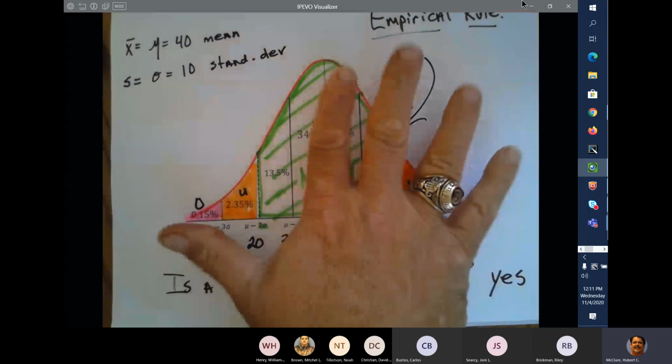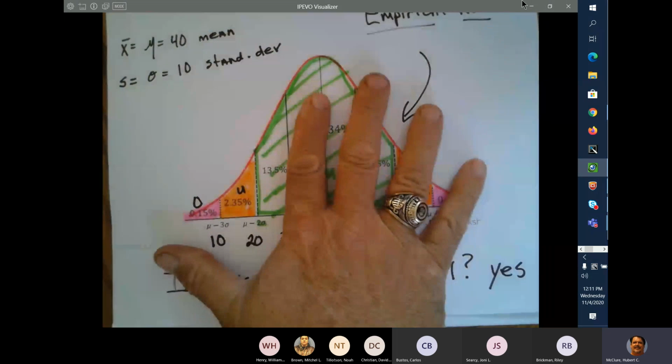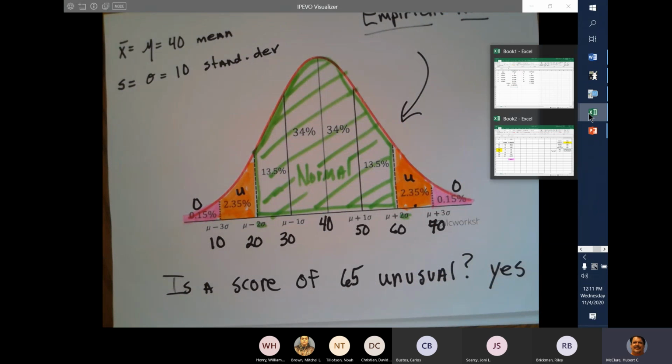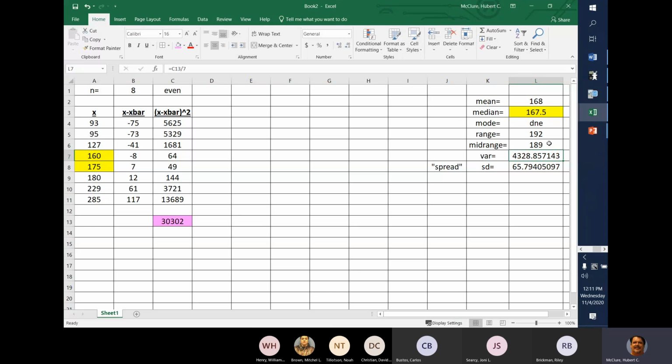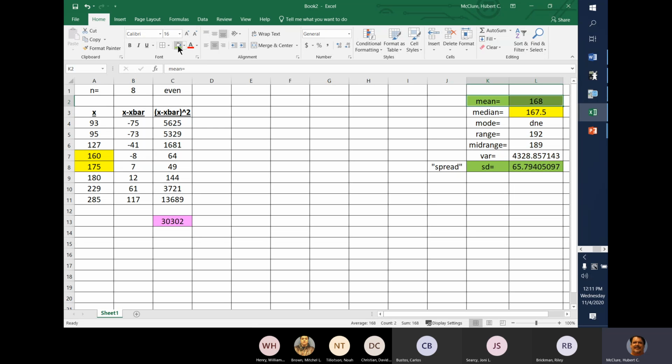But why did I show you this? Well, I showed you this, and I know it's time to go, so you can understand why we find this. The two most important numbers in statistics are the mean and the standard deviation.